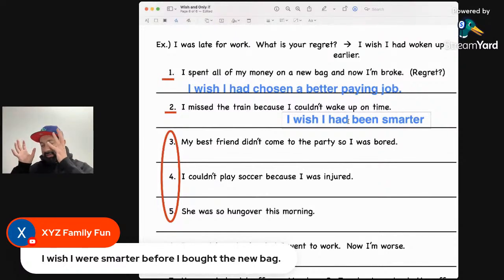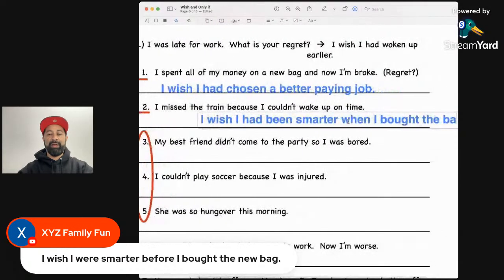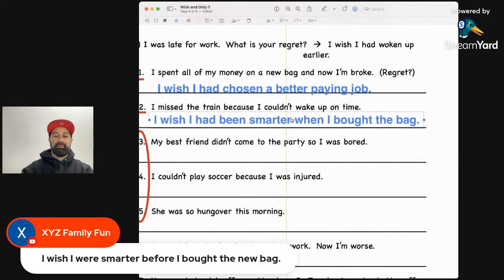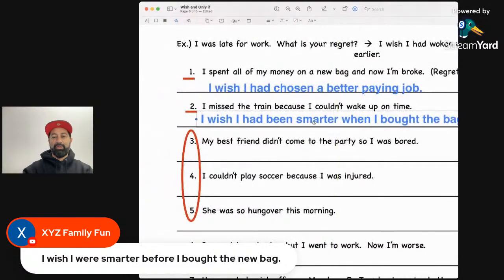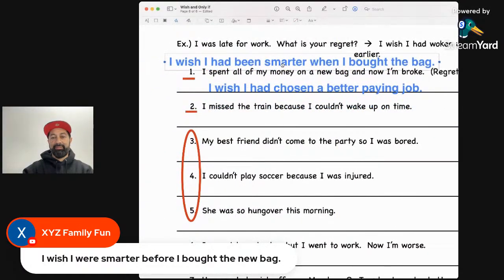The moment I decided to buy the bag, if I feel, oh, that was not a smart decision, I wish I had been smarter when I bought the bag. I wish I had been smarter. So that can go right up here.